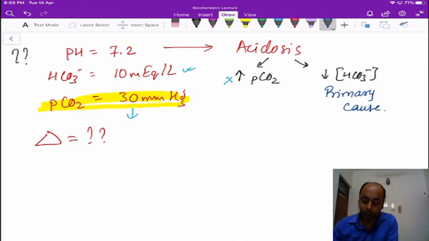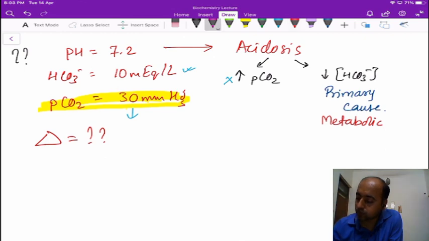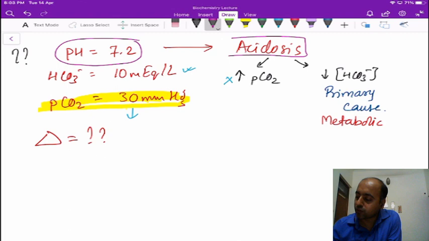When you're looking at bicarbonate, it is metabolic. First we look at the pH value. From the pH value we determine the type of disorder, whether it is acidosis or alkalosis. The pH value is less than 7.35, so it is definitely acidosis. Don't look at the values of bicarbonate and PCO2 yet.